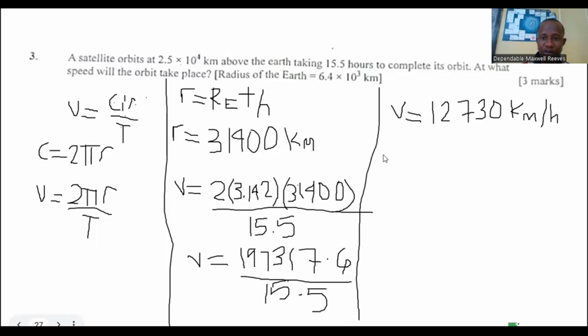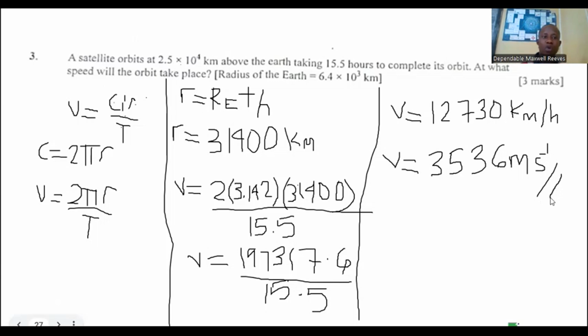So doing this, we'll have our final answer of V to be equal to 3,536 meters per second, or meter second inverse. So this is our final answer.